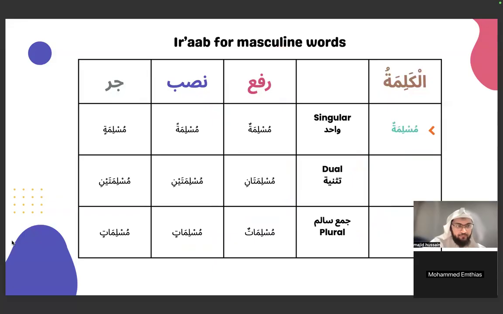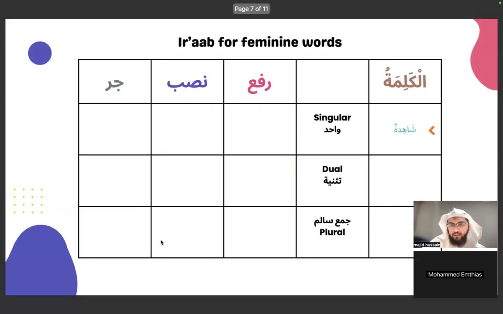Because we'll go with the example now to help you understand, because it needs practice. Now we have the word shahidatun. Shahidatun means a female witness. Now, can you, inshallah, write or practice this one with me, in the state of rafa, nasab, and jar?